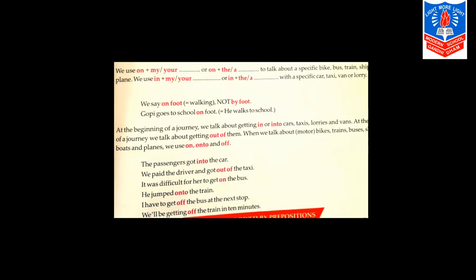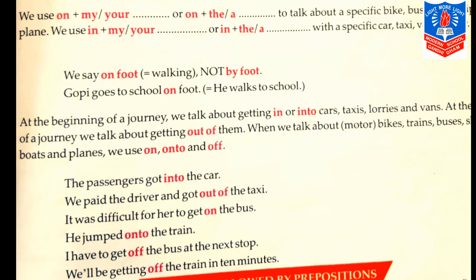Now we use on plus my, your, or on plus the to talk about a specific bike, bus, train, ship, or plane. We use in plus my, your, or in the or a with a specific car, taxi, van, or lorry.